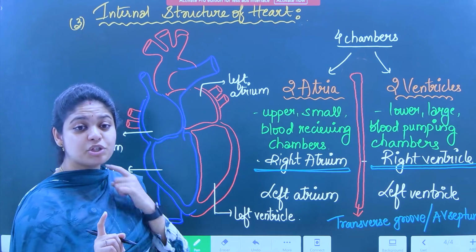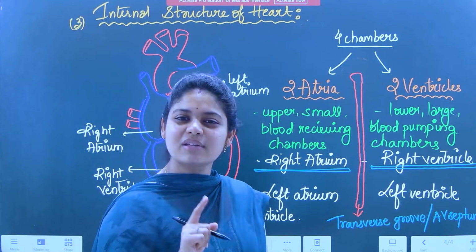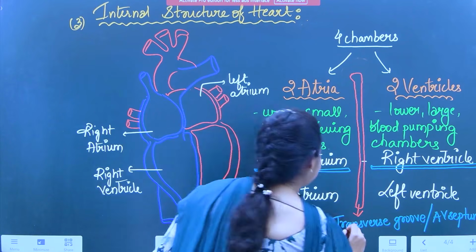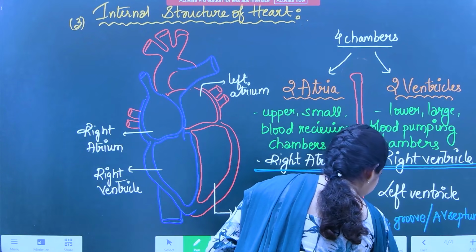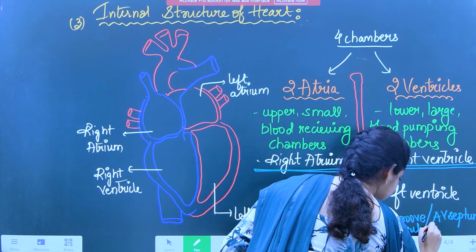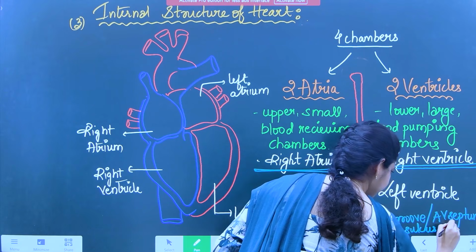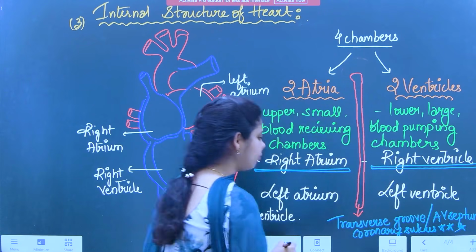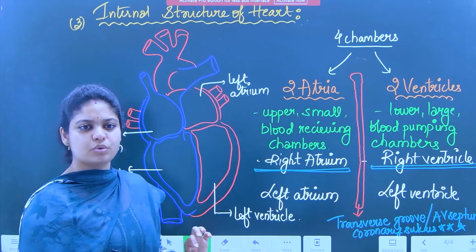Right? Yes, Krishna, you are right. It is also called coronary sulcus. I will write the term over here. Coronary sulcus. These are the three names for the transverse groove.